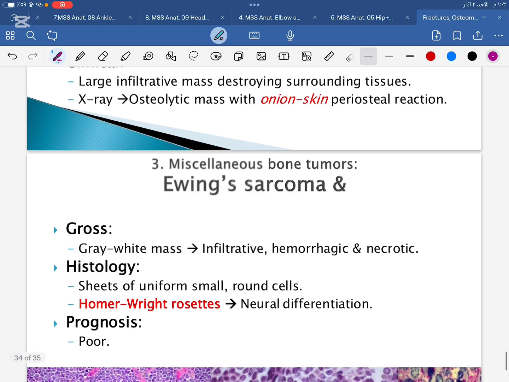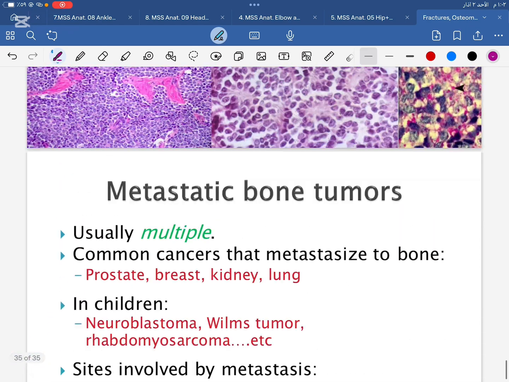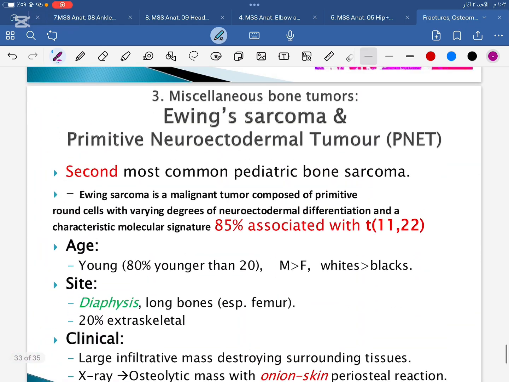تمام. هلا هون نحكي عن الEwing sarcoma. Ewing sarcoma, it's the second most common pediatric bony sarcoma. It's a malignant tumor of primitive round cells, blue small round cells with varying degrees of neuroectodermal differentiation.